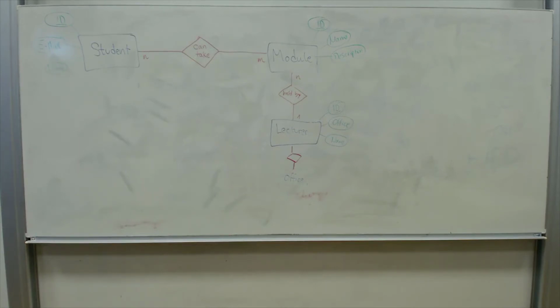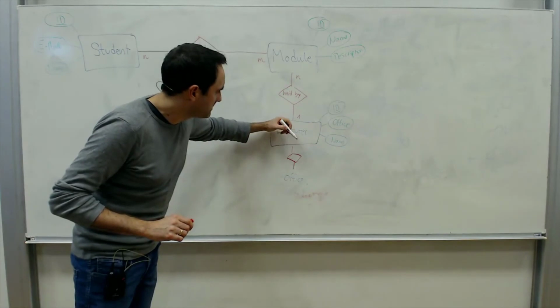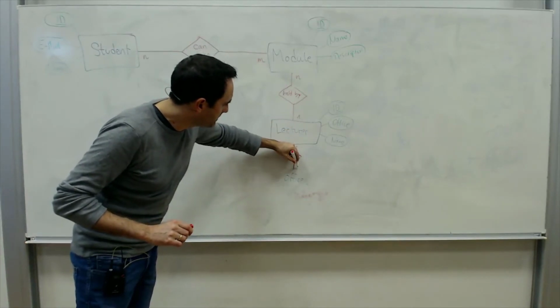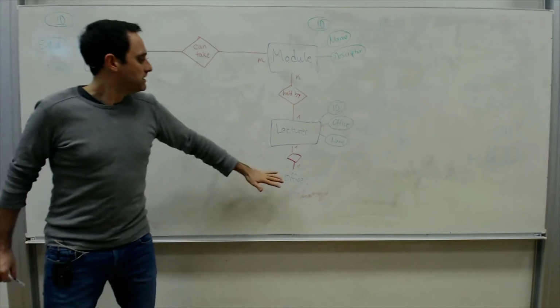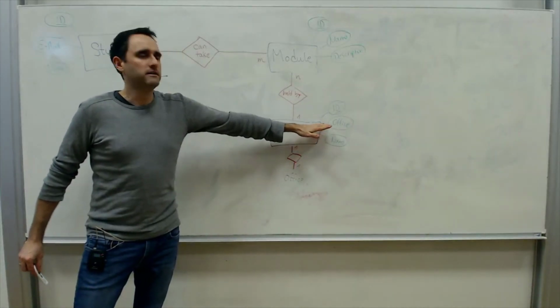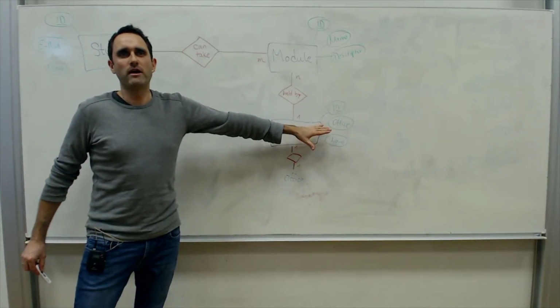So if you have one lecturer, there's one office. So you would have a one-to-one, first of all, right? And that's the one that I said is rarely used. But here in this case, you could model it as a one-to-one relationship between the lecturer and the office. But again, this is as right as this one is. So both are possible, both ways.